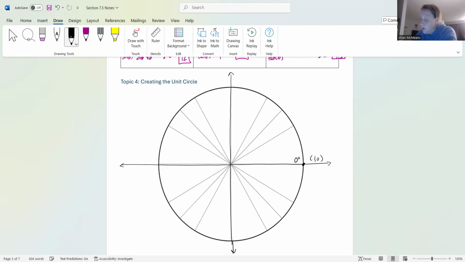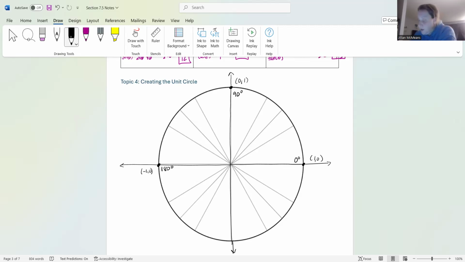And this is 0 degrees and 0 radians as well, but we're just going to start with degrees because that's easier for us. Now, if we bounce up here to the positive y-axis, we have the point 0, 1, and this happens at 90 degrees. If we go to the negative x-axis, we have the point -1, 0, and this occurs at 180 degrees.